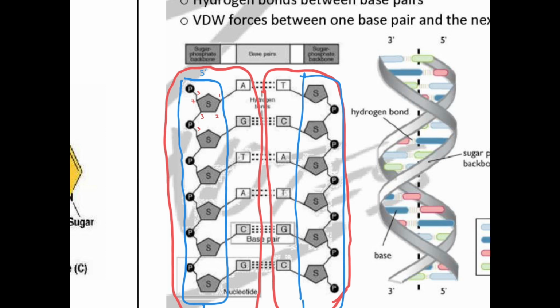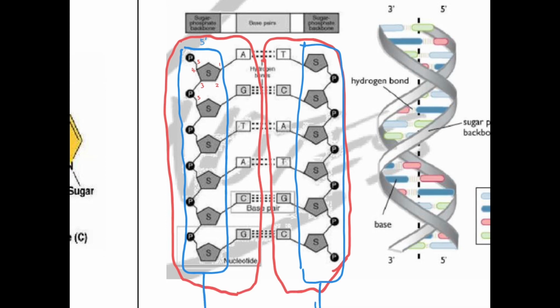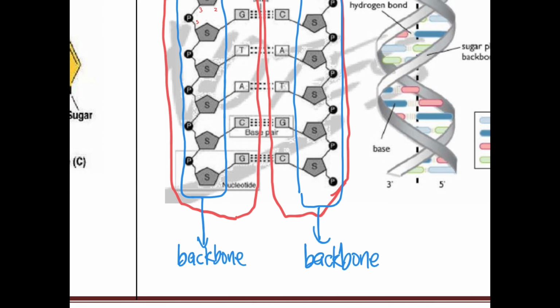Then you go all the way down when you reach here. Again, carbon 1, 2, 3, 4, 5. This carbon 3 is supposed to have phosphate below it, but there is no more phosphate that sticks to it anymore. So this is called the 3 prime. This is the 3 prime.